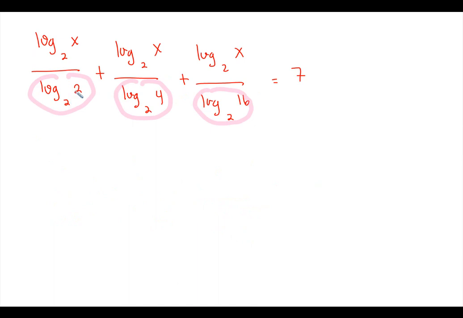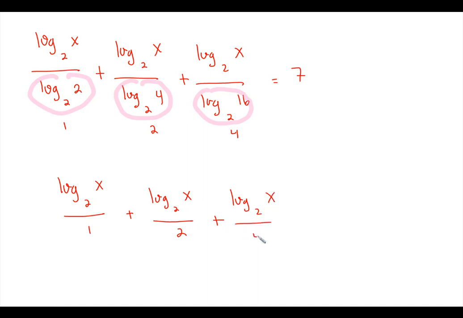Log base 2 of 2 is really just 1. Log base 2 of 4 is 2, and log base 2 of 16 is 4. So the problem now becomes log base 2 of x over 1 plus log base 2 of x over 2 plus log base 2 of x over 4 is equal to 7.